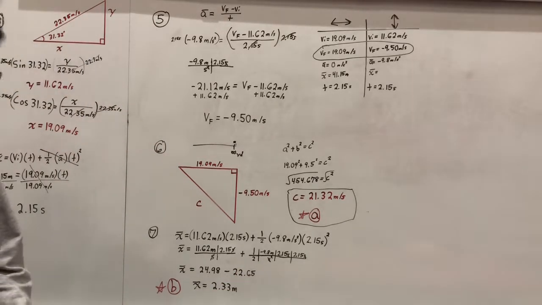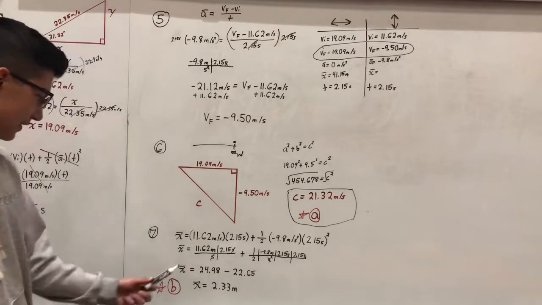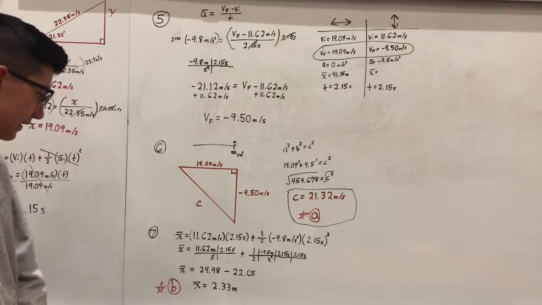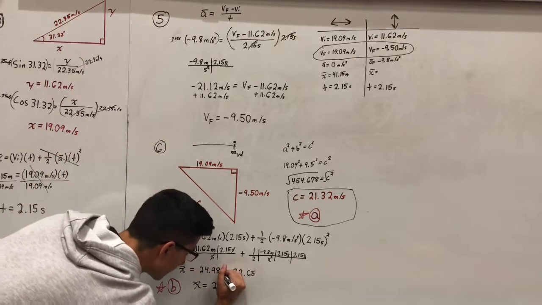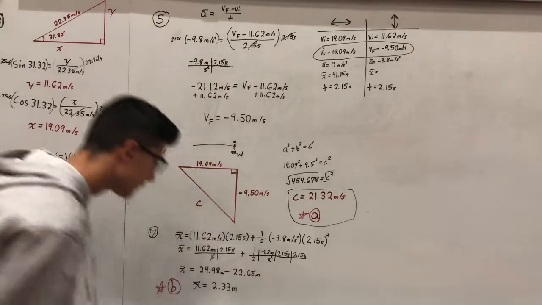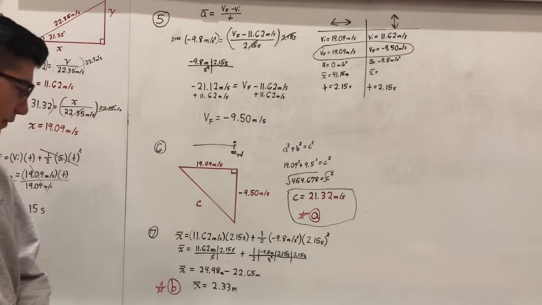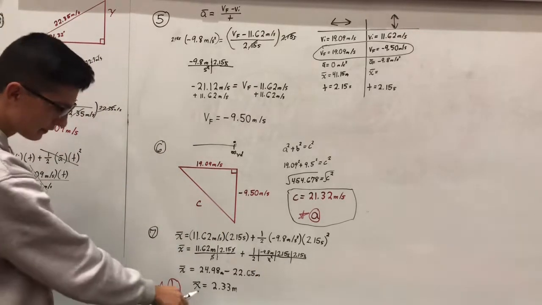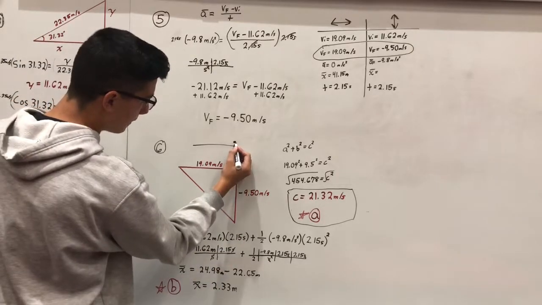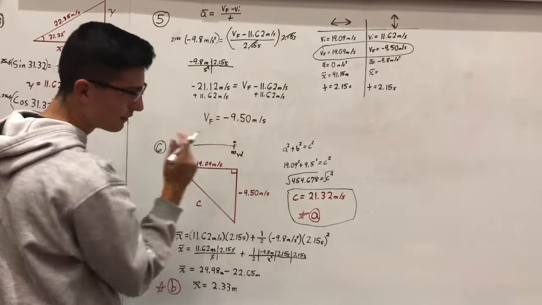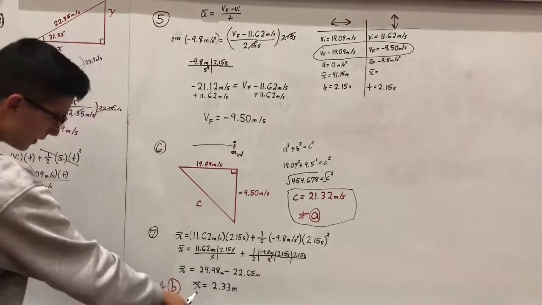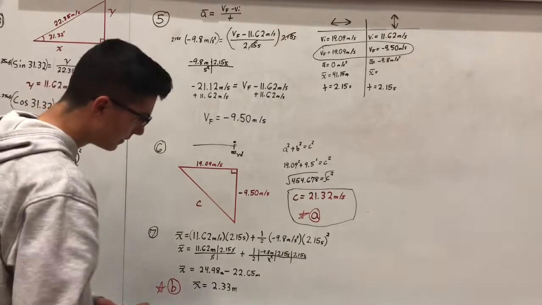So it'll just be all in meters, and you'll get displacement equals 24.98 meters, minus 22.65 meters, and you'll get roughly about the displacement of the ball above the 50-yard line will approximately be 2.33 meters.